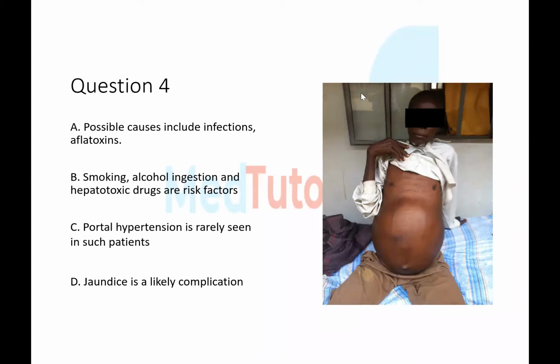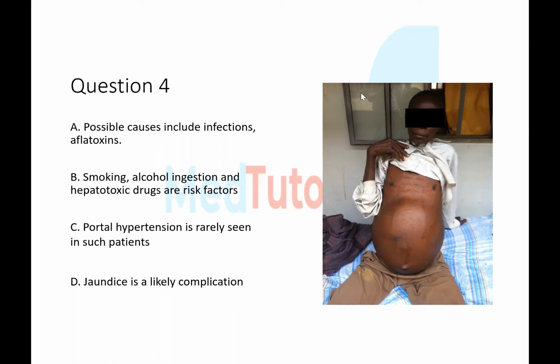Yes. So which option do you think is not correct here? Portal hypertension is rarely seen in such patients. Exactly. So that's the odd one out. So in a patient that we suspect has liver disease and present with ascites, once there is ascites in the patient with liver disease, you must think of portal hypertension.